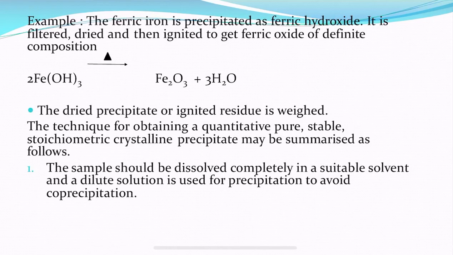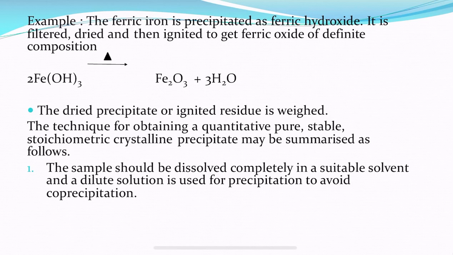The next example is ferric iron precipitated as ferric hydroxide. This experiment is also there in your 5th semester. The reaction goes this way. Here ferric hydroxide is heated. The arrow mark has to come here, and this triangle symbol in chemistry means we are heating; the reaction proceeds under heating conditions.